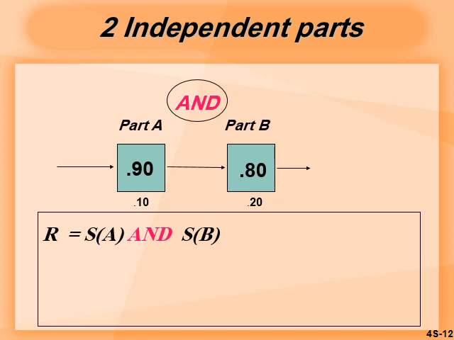Now we have to transform this "and" into a mathematical symbol. What kind of mathematical relationship says that when one of these necessary parts fails to perform, we will never get successful performance for the whole system?